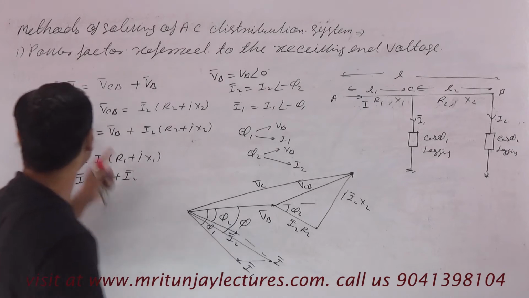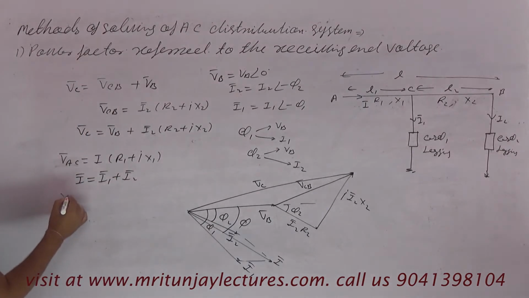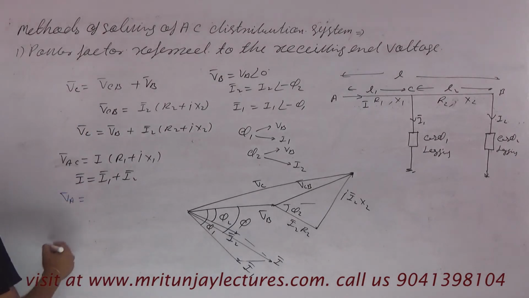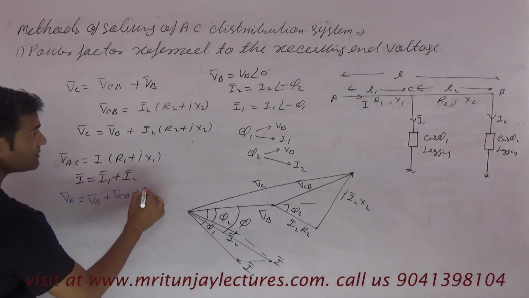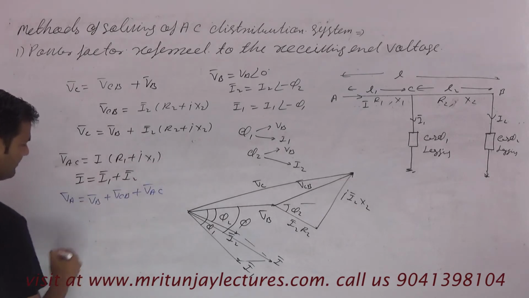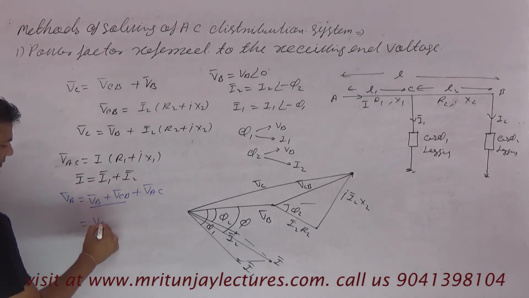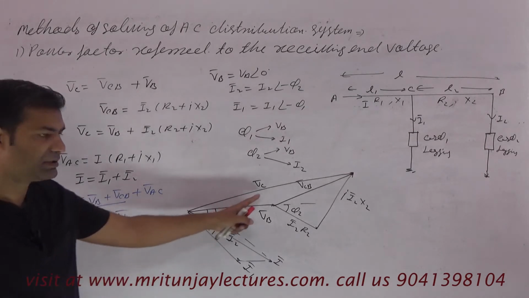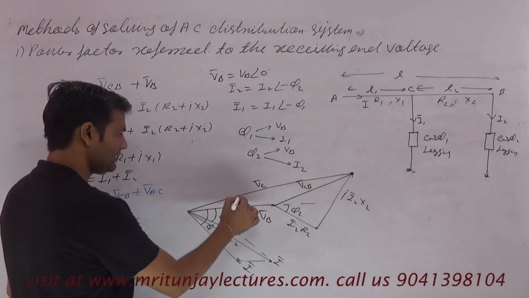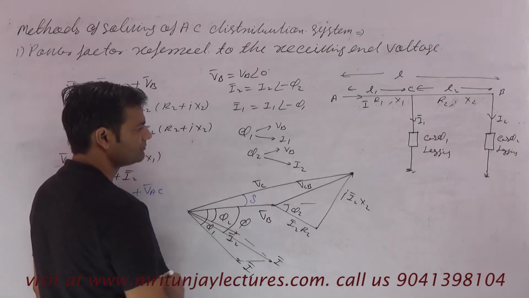Okay, if you want to make it, first of all, what about VA? VA is VB plus VCB plus V of AC, that is VB plus VC, and V of AC. Okay, so VC is completed here, and suppose that is delta.